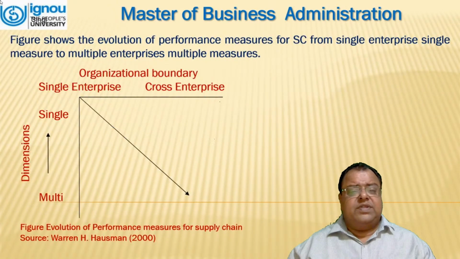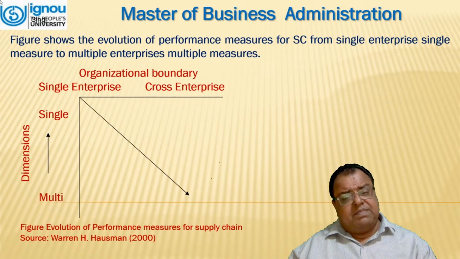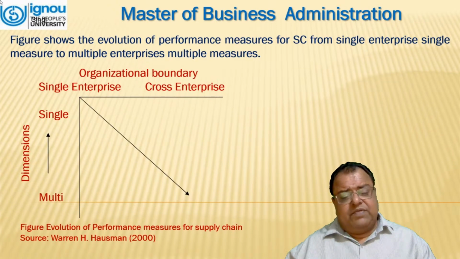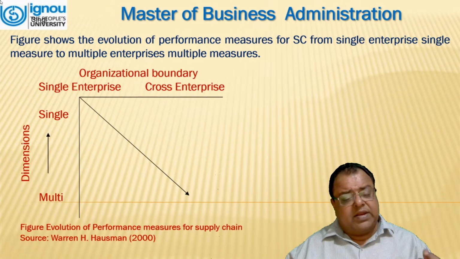The figure shows the evolution of performance measures for supply chain from single enterprise, single measure to multiple enterprise, multiple measures. This figure is basically the evolution of performance measures of the supply chain, and it was presented by Brian Hoffman.